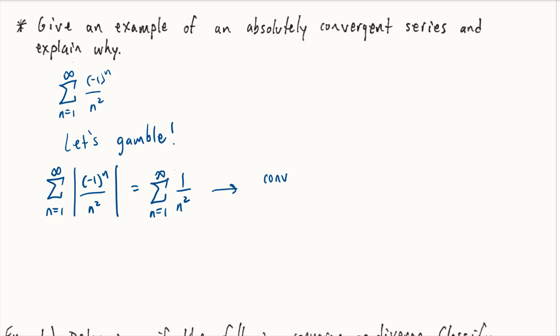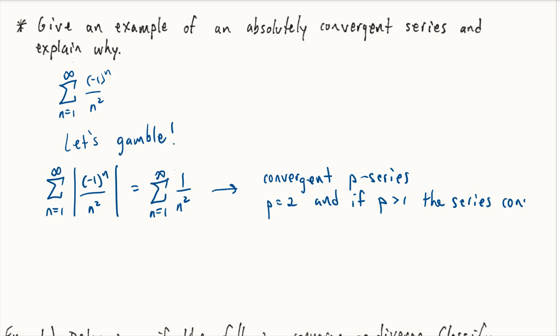So this is a convergent p-series. p equals 2, and if p is greater than 1, the series converges. So our gamble pays off, because remember, the theorem at the beginning of today said if the infinite series, when you make all its terms positive, converges, then the original one with negative terms converges.